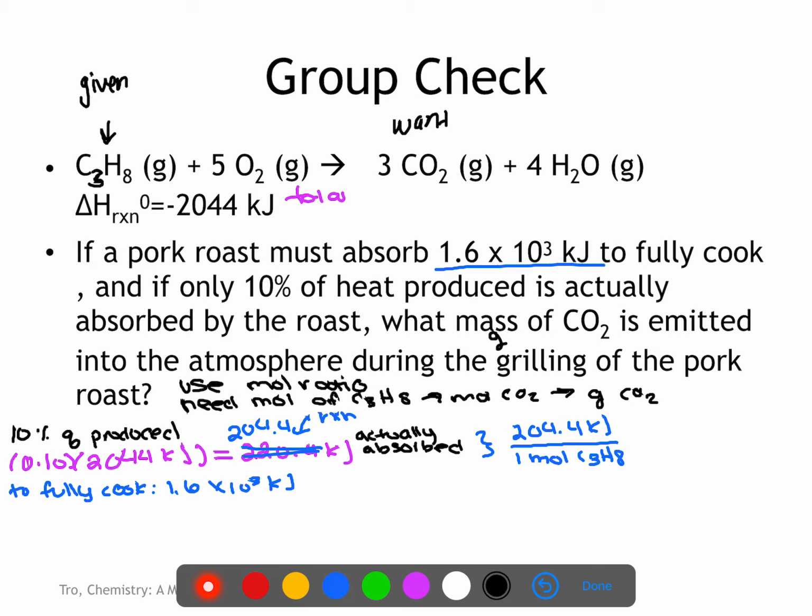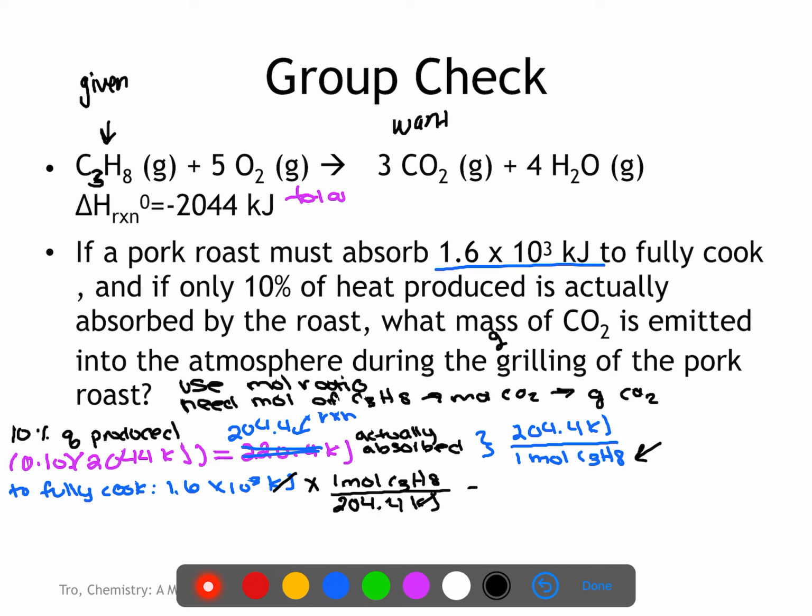Now I want moles of propane. So then what I'm going to do is multiply the amount of energy that I actually needed and divide it by the heat of the reaction for the propane to get moles of propane by itself.